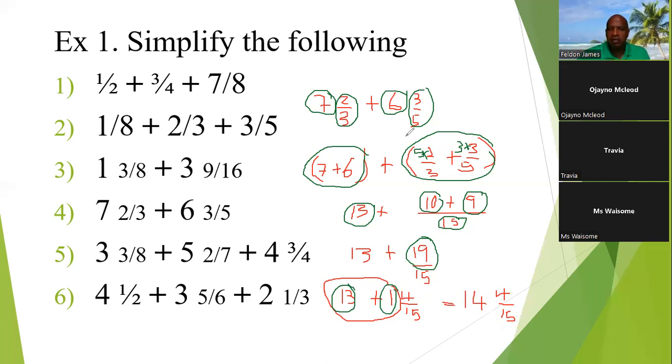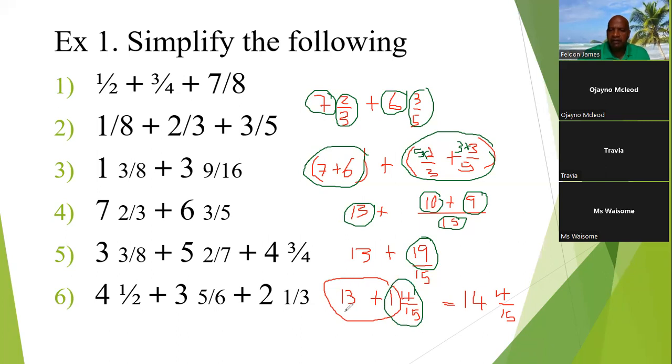So what we're doing here, because we converted this 19 over 15 to a mixed number, and because we have been adding whole numbers up here, we now see that the 1 in this mixed number is a whole number.